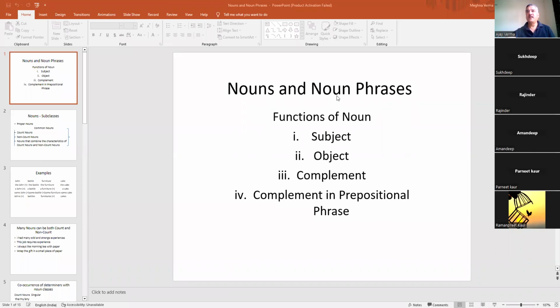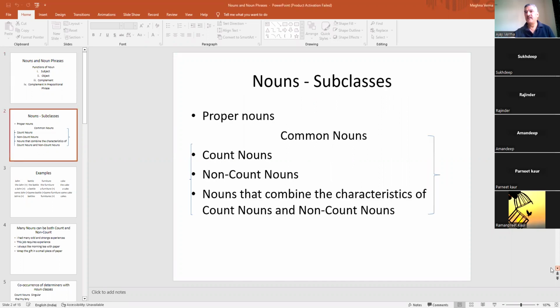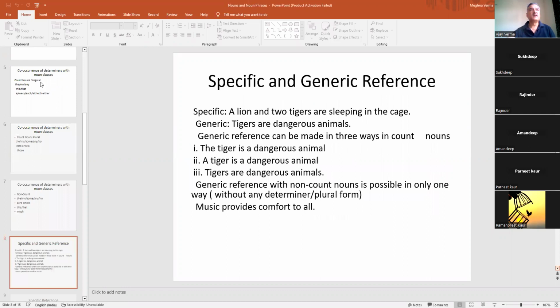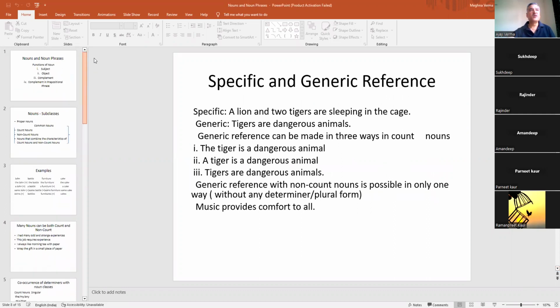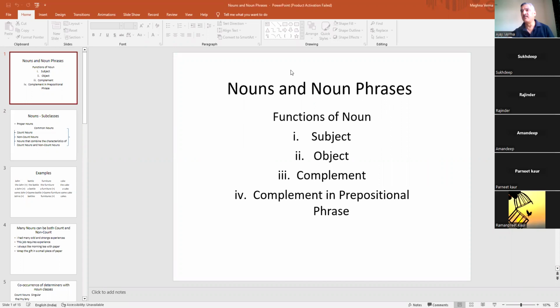First of all, as you can see in the first slide, nouns and noun phrases function in four different ways. Yes, so please look at the first slide carefully.